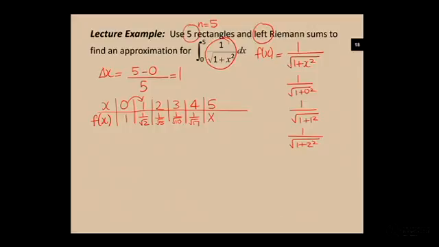So, we wanted the left-hand sum, so the left-hand sum is approximately equal to 1 plus 1 on root 2 plus 1 on root 5 plus 1 on root 10 plus 1 on the root of 17, not counting the last one, times by delta x, and delta x in this case was a 1.